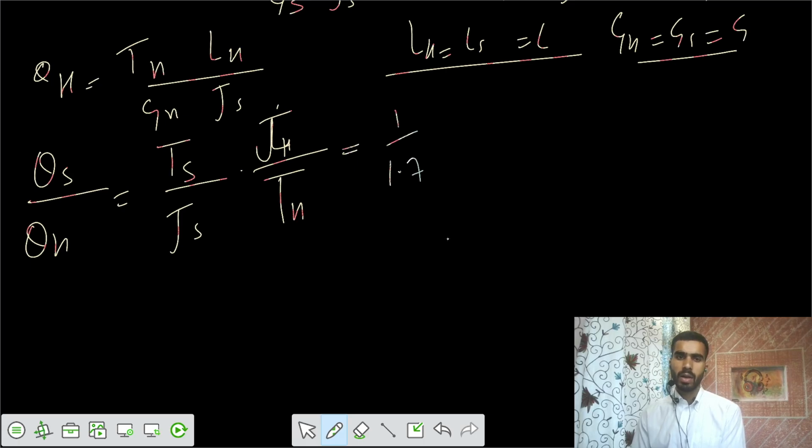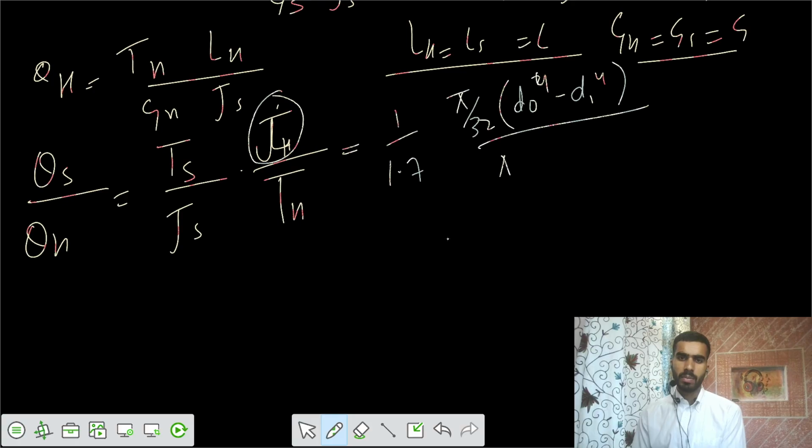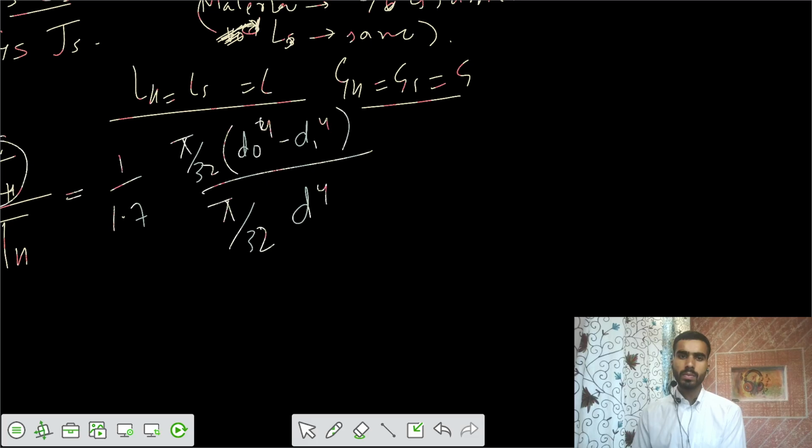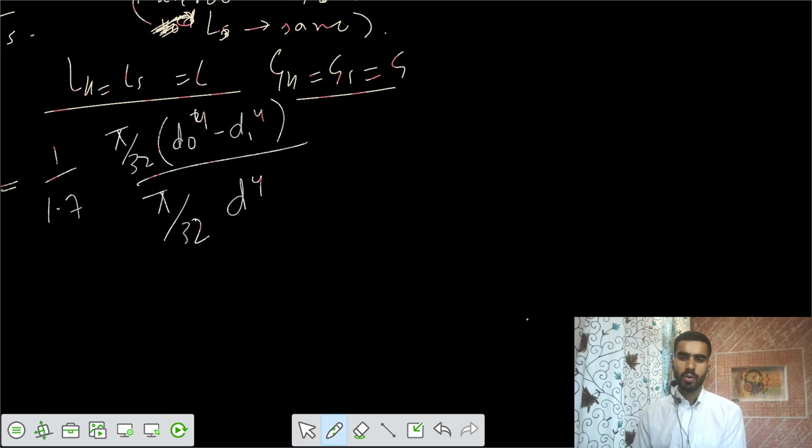And the value of J hollow would be pi by 32 times d outer to the power 4 minus d inner to the power 4, divided by pi by 32 d to the power 4. Let's keep all those parameters in terms of d outer.